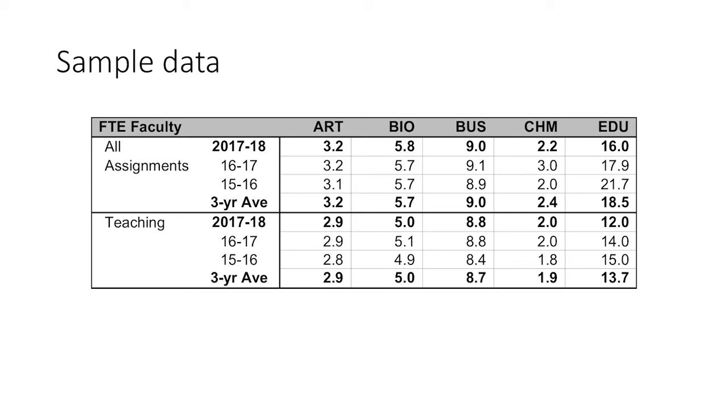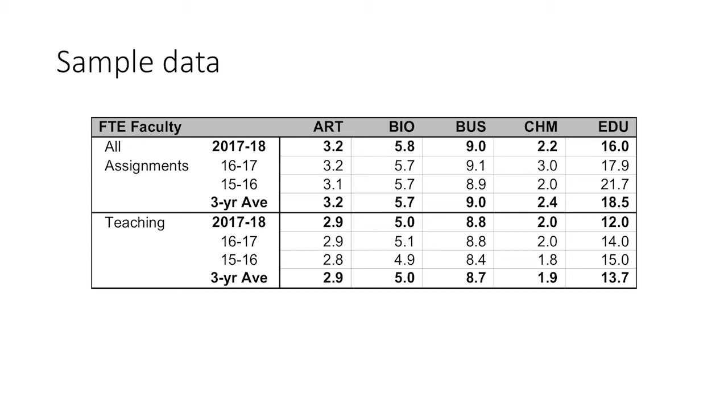And you can see the business faculty is FTE of 9 faculty, so 9 full-time equivalent faculty in the business department. And you can also look then again at the education department, where there are 16 full-time equivalent faculty in 2017-18.